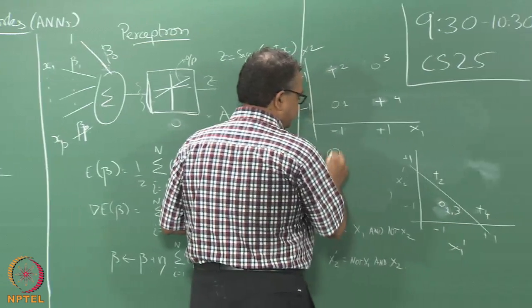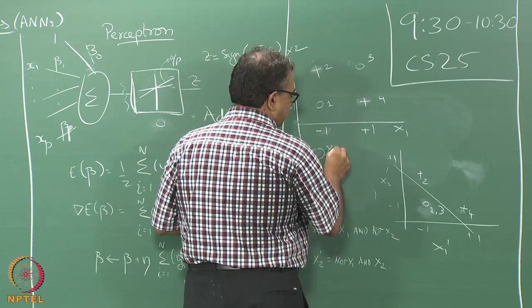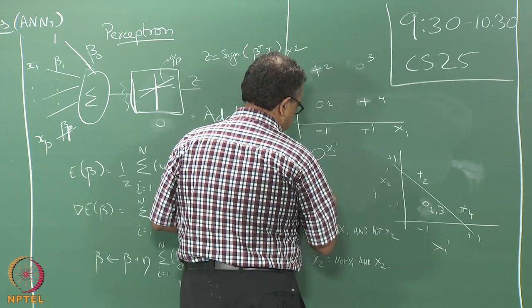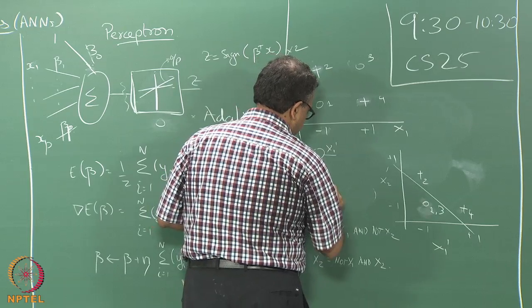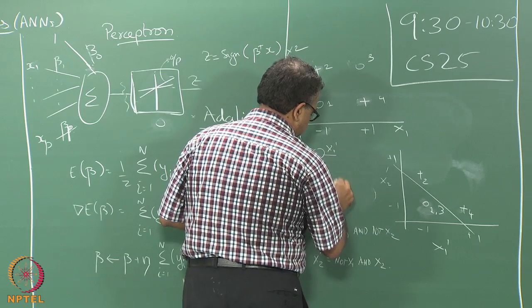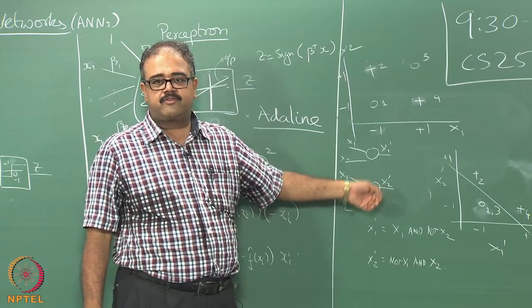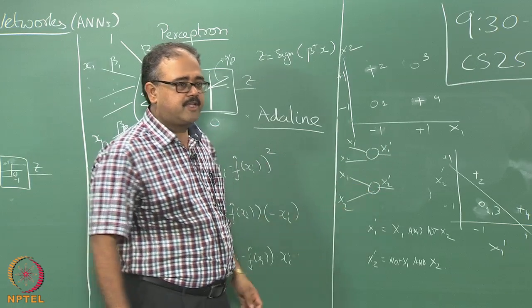Anyway, so the point is, essentially what I have done is, I can actually build a perceptron that can compute x1 prime, I can build another perceptron that can compute x2 prime.